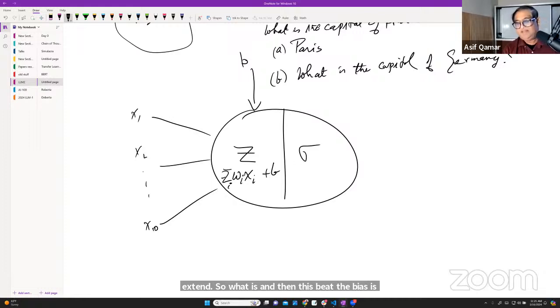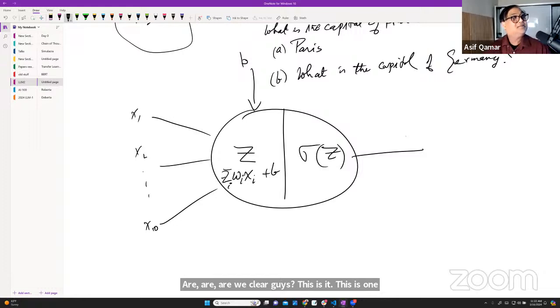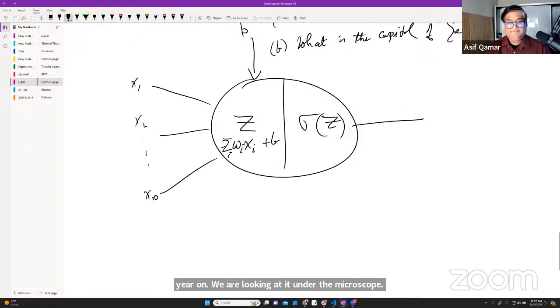Are we together? And this does the sigmoid of this to produce your output. Are we clear, guys, on the neural network? This is it. This is one neuron. We are looking at it under the microscope. So it does a summation on X1 to Xn? Of course. That is what literally a neuron does, isn't it?